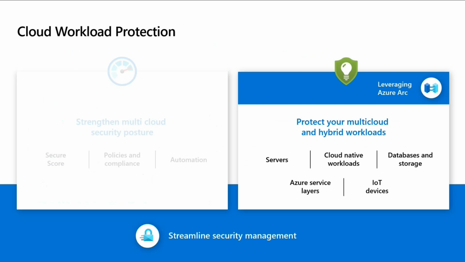Let's see. All right. When we're talking about the cloud workload protection platform, we're really talking about the Defender services for a variety of services. That's Defender for servers, Defender for databases, Defender for containers, and so on. It's not just Azure.